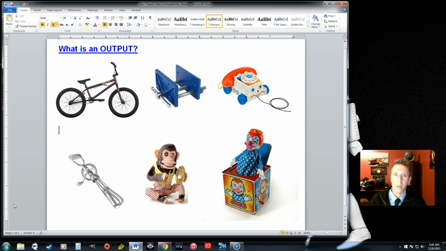All right, let's do a couple examples, and then this one's done. So think about these different devices here. I'm going to put a question for each one of these, and your job is to figure out what the output is for each of these, and we'll see how you do.